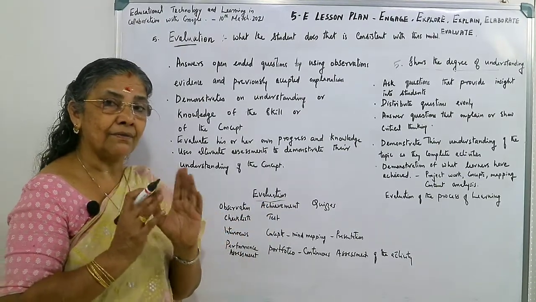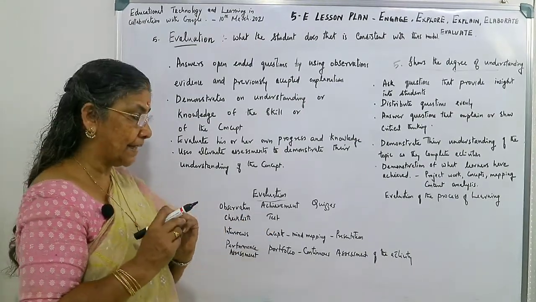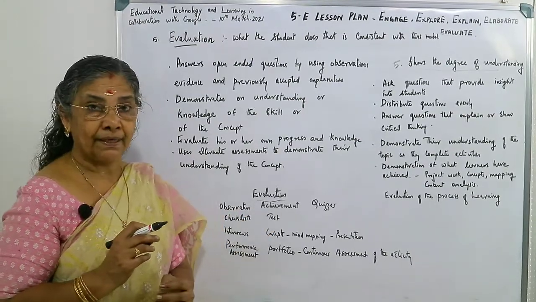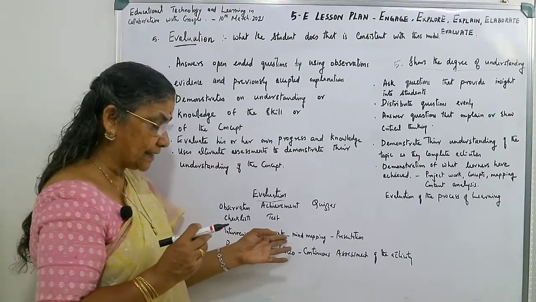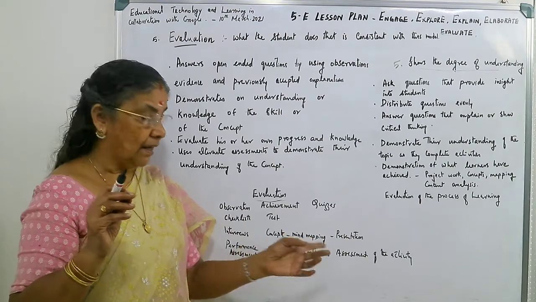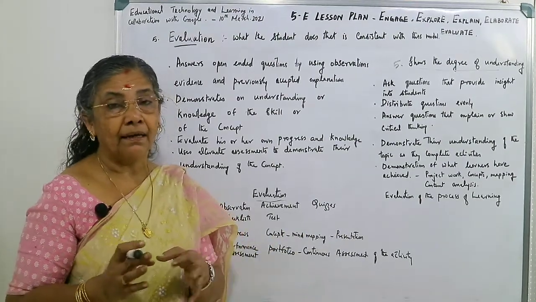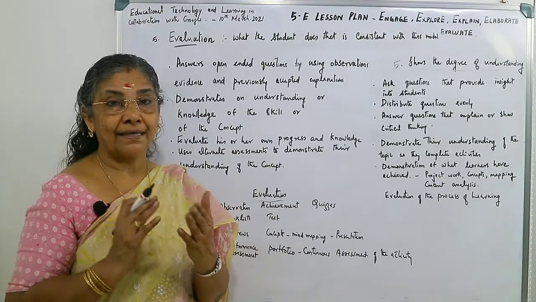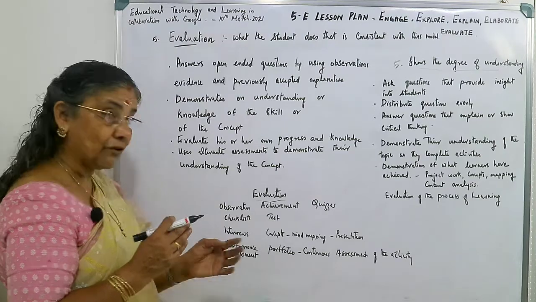While you observe, several checklists we can maintain, and for achievement we can have tests and quizzes, and moreover interviews, concept mind mapping, and presentations. Let them present, let them do the mind mapping, and we can have face-to-face interaction like interviews, and performance assessment.